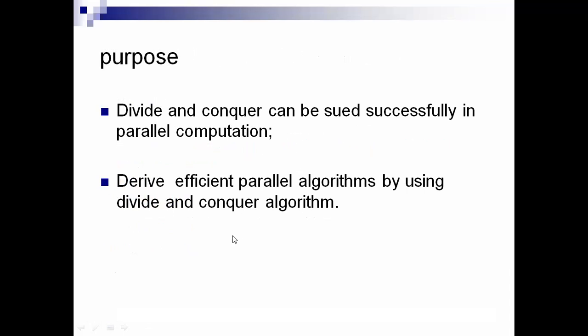So for better understanding, for example, if you want to calculate the sum of n numbers, how do we calculate the sum of n numbers by using the divide and conquer approach? So we have the values here.